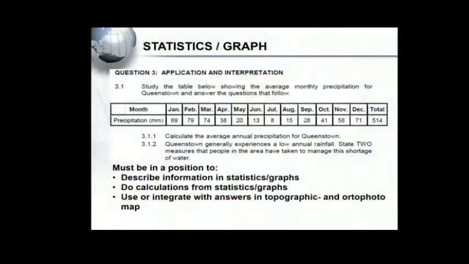Now, what is happening nowadays is that if you look at the question papers, sometimes they will also give you statistics of something in that region. Last year, they gave, for instance, the average monthly precipitation for Queenstown. Remember they did Queenstown's map.